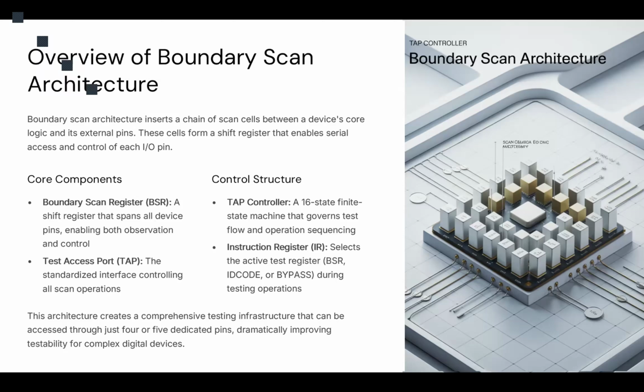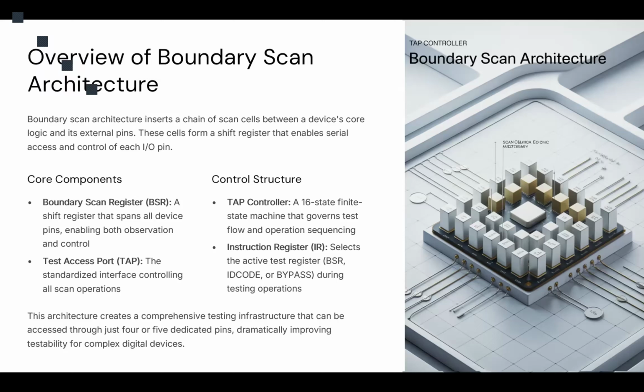We are going to talk about that more in upcoming slides, but in this architecture, these scan cells are connected in series in a chain, and allow us to have serial access to all the input-output ports in our device.